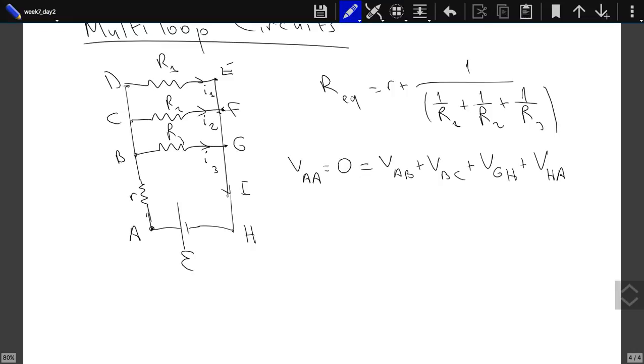Now, what is the potential drop as I go from A to B? The current is I times R. Now, what is the potential drop as I go from B to G? I3 times R3.